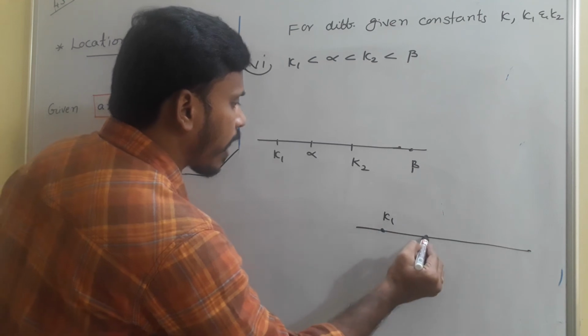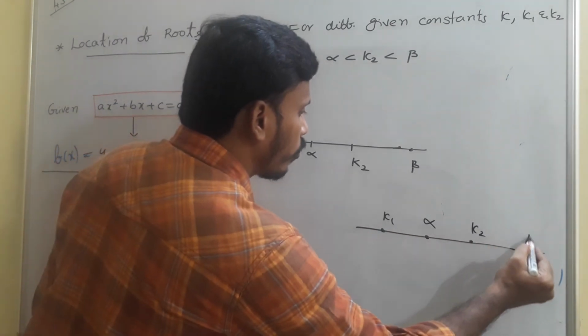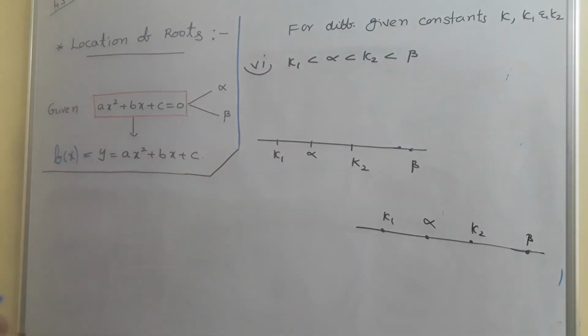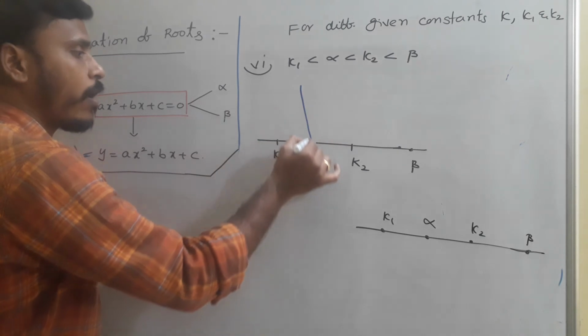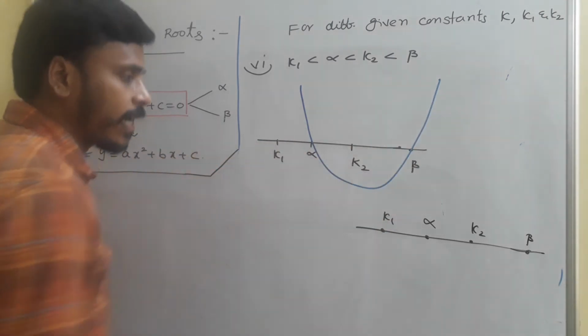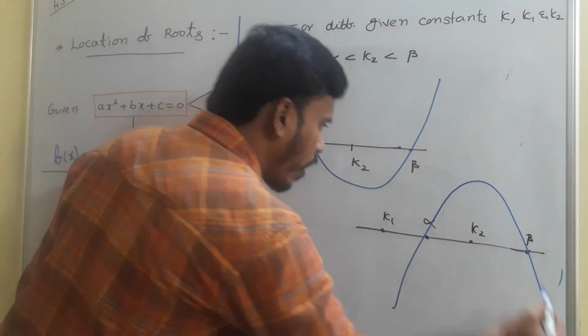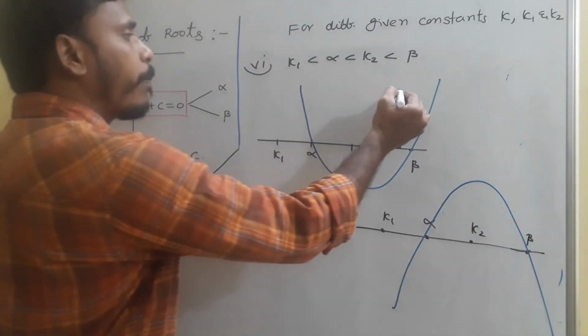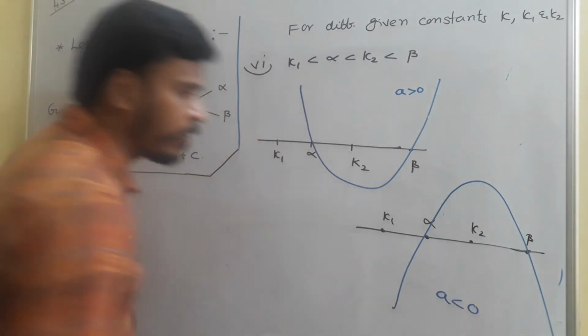In both the cases I have the same order: K1, alpha, K2, beta. In the first case, the graph is an upward parabola passing through alpha and beta. In the second case, the graph is a downward parabola passing through alpha and beta. This happens at a greater than 0, and this happens at a less than 0.